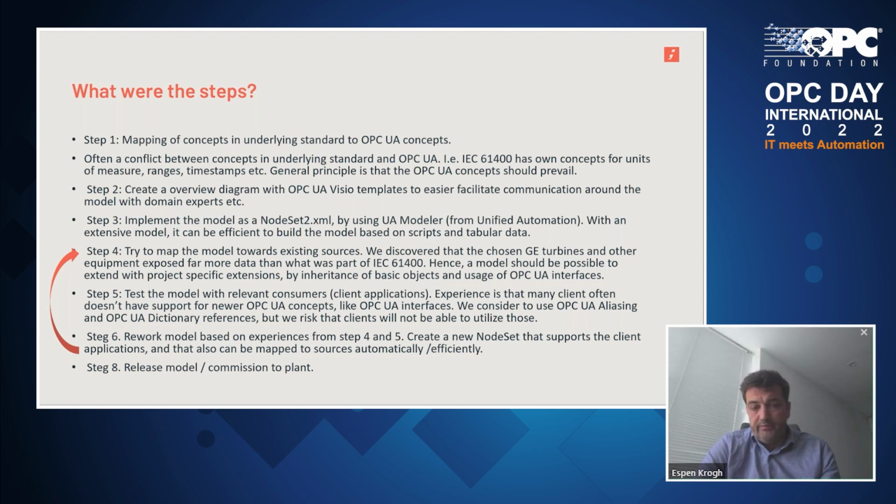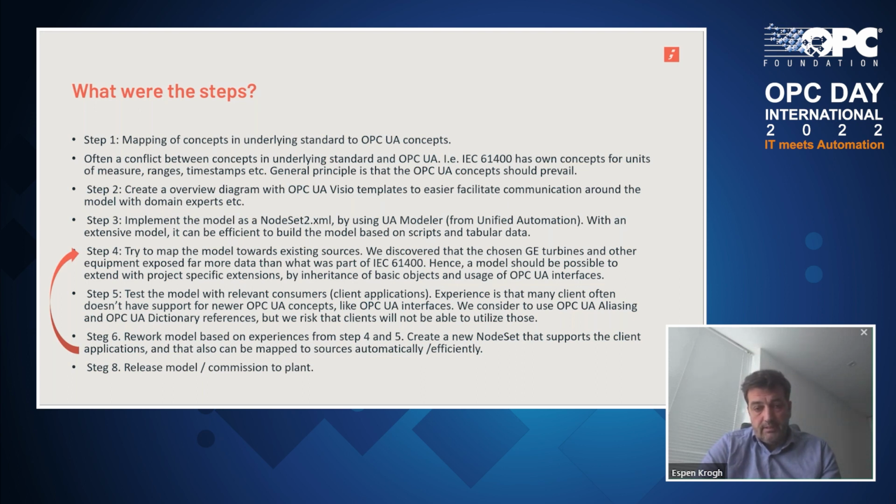And then test the model with relevant consumers, the client applications. Our experience is that many of the client applications often don't support or have the latest OPC UA concepts available, like OPC UA interfaces. So we considered using the aforementioned OPC UA aliasing that we heard about earlier today, and also OPC UA dictionary references.